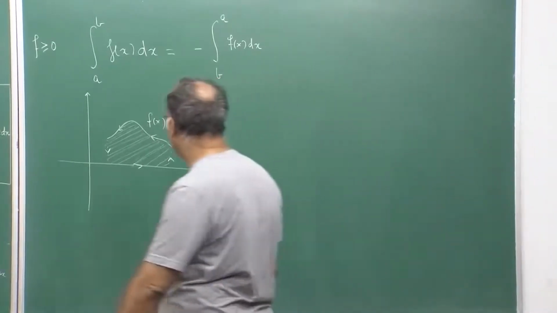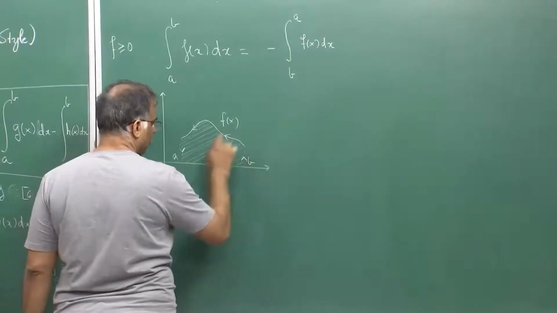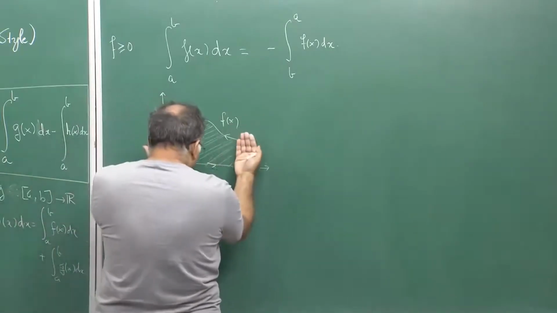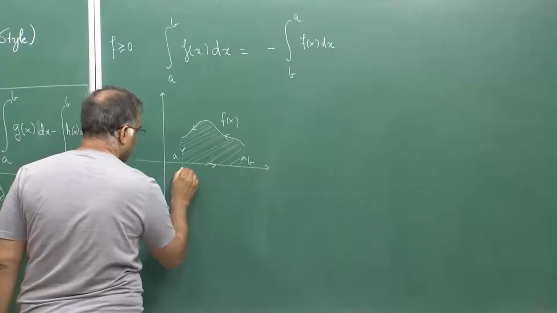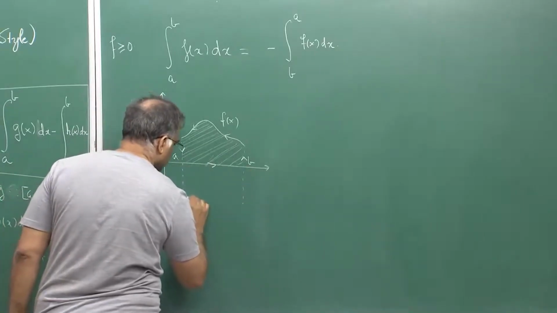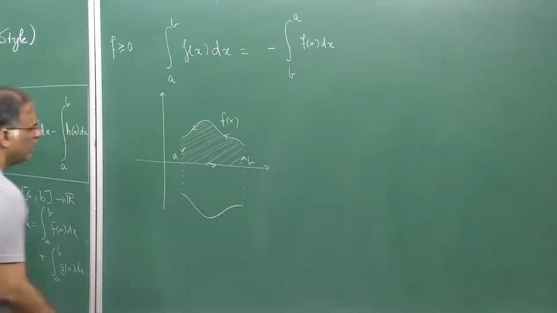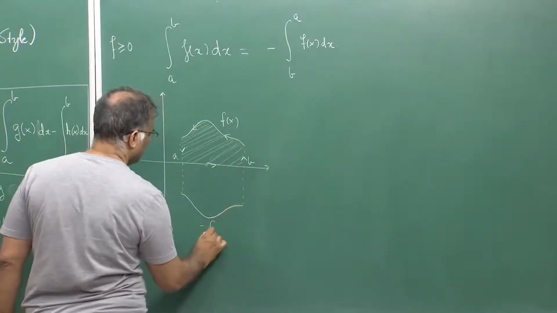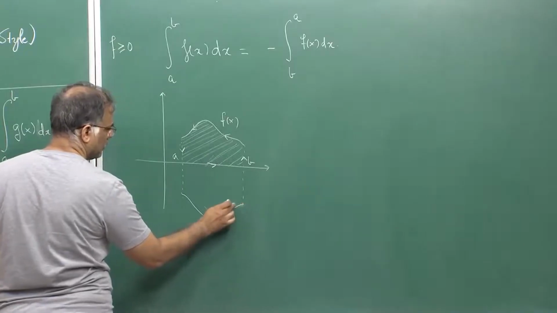Now, this is my A and B, so start from A and go to B. Now, just reflect the graph of this function on the x-axis. So what you will get? This is nothing but minus f, right? Maybe the graph should look a bit like this, whatever.